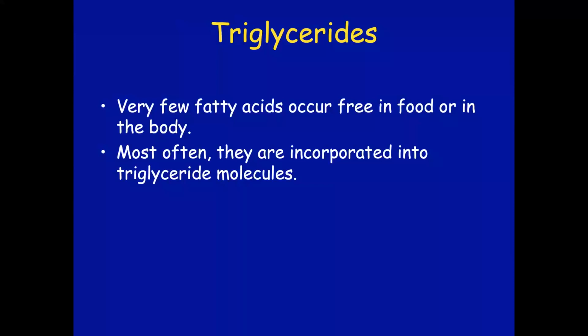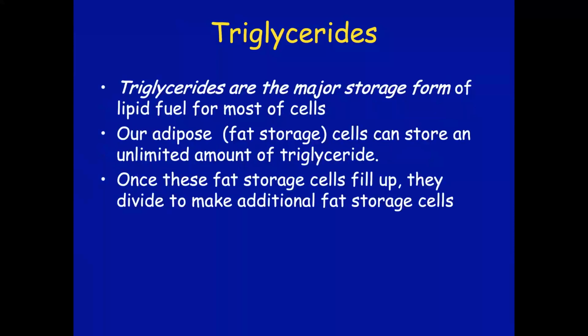They are generally incorporated into triglyceride molecules. They are the major storage form of lipid fuel for most of our cells. Our adipose cells, those adipocytes, can store an unlimited amount of triglyceride. Once your fat storage cells fill up, they're going to divide, and you're going to have additional fat storage cells, and they're really good at that.